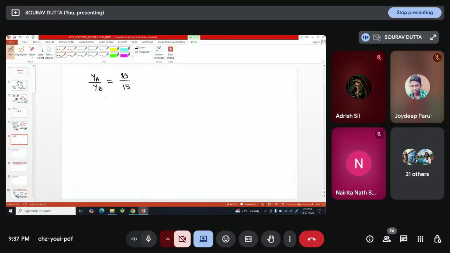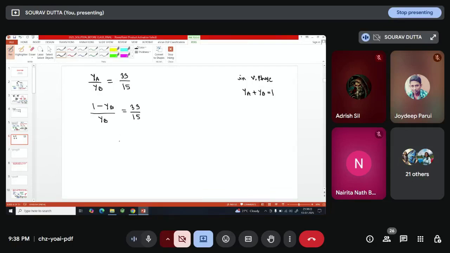or we can write in case of YA, 1 minus YB, because in the vapor phase, mole fraction of A plus mole fraction of B equals 1. Similarly in liquid phase, XA plus XB equals 1. So in place of YA we can write 1 minus YB divided by YB equals 33 divided by 15.